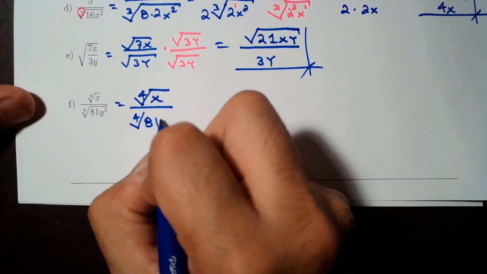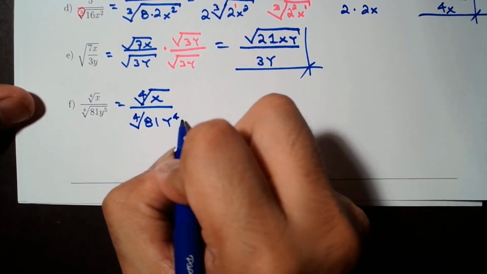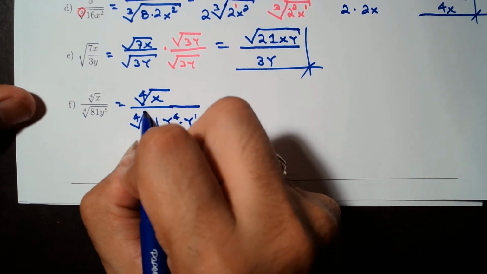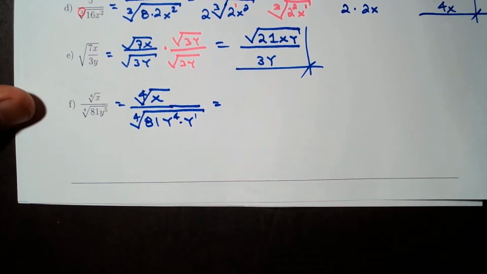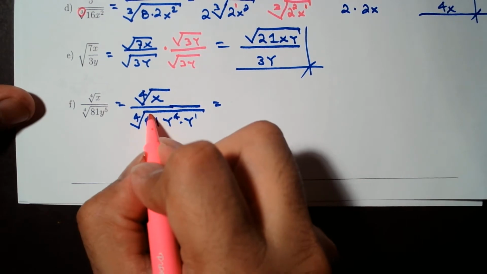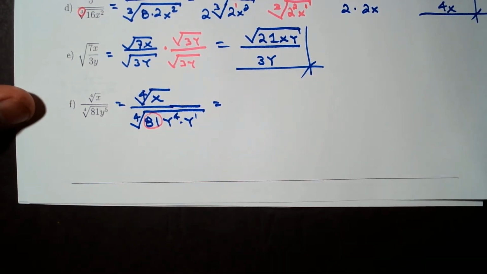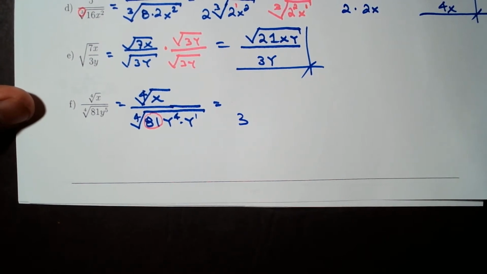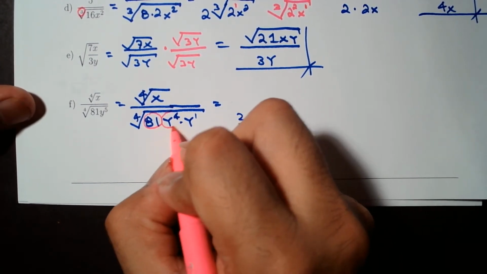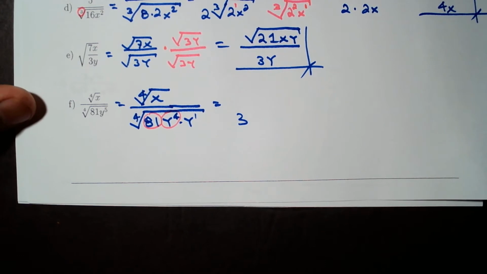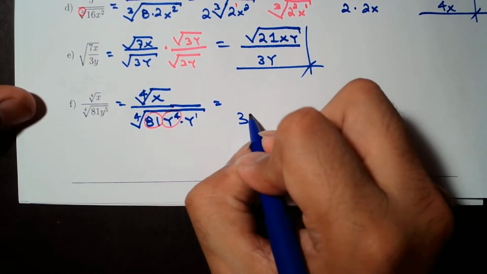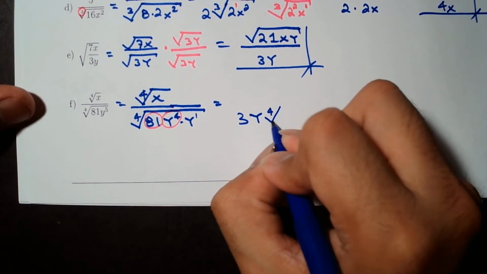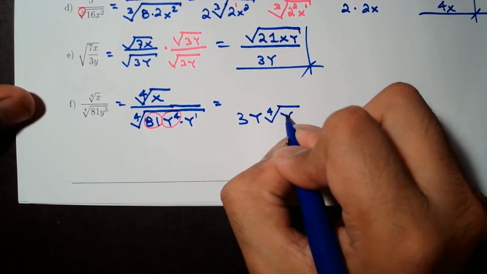And I'm going to write this one as y to the fourth times y to the first, if you will. So in this case 81 is a perfect fourth, and the fourth root of 81 is 3. And also y to the fourth is a perfect fourth, and its fourth root is simply y.